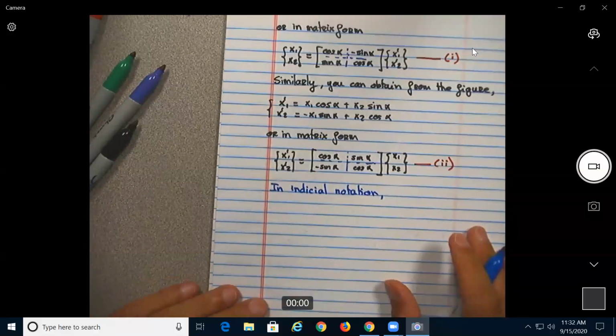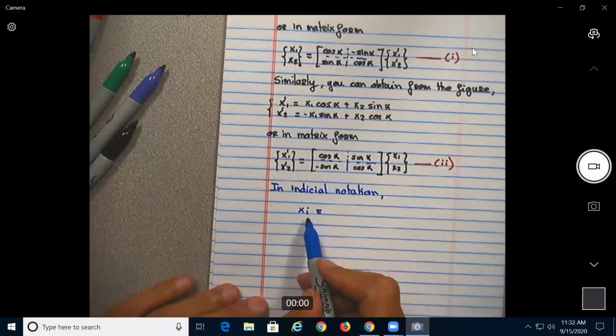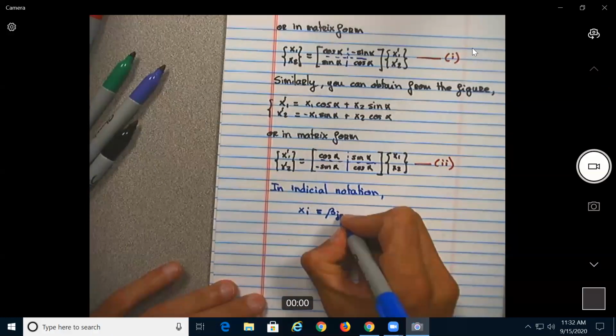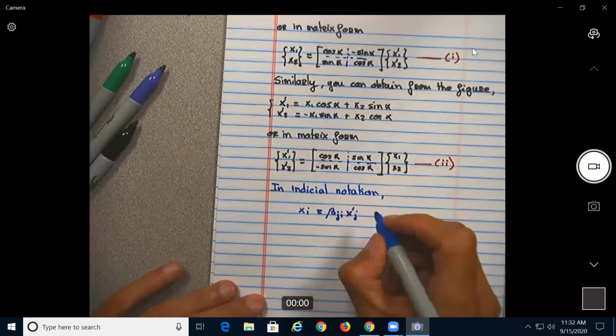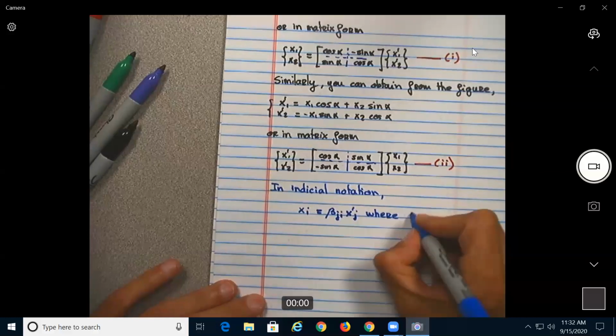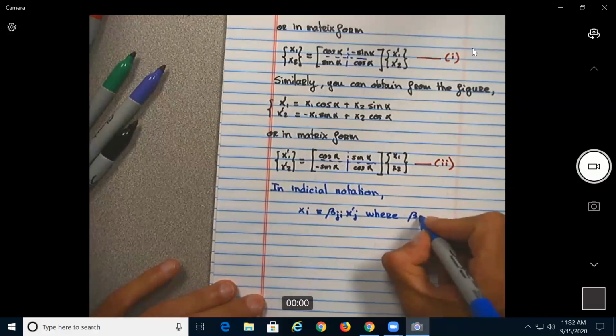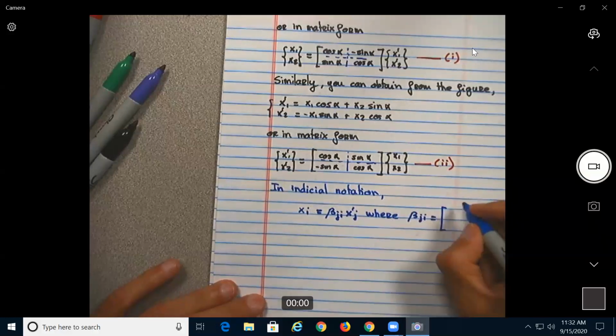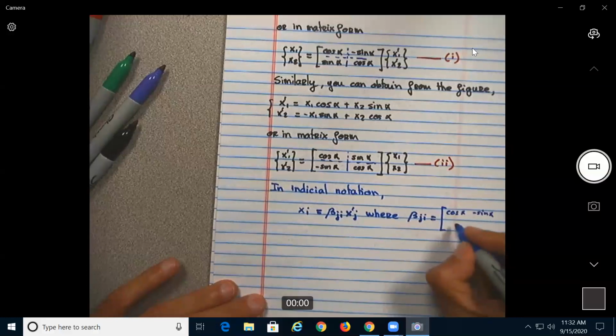Xi, so it will be 1, 2, can be 3, okay, for 2D it will be 1, 2, will be equal to beta ji x prime j, where in this case beta ji is equal to what? Cosine alpha, minus sine alpha, sine alpha, cos alpha.